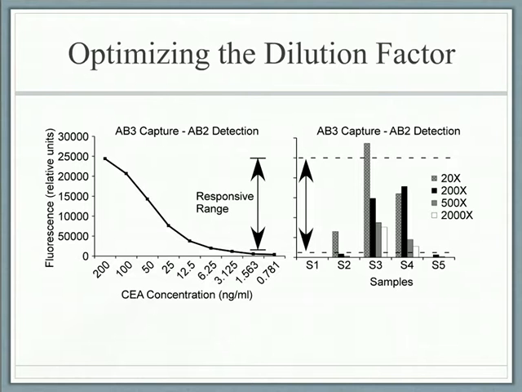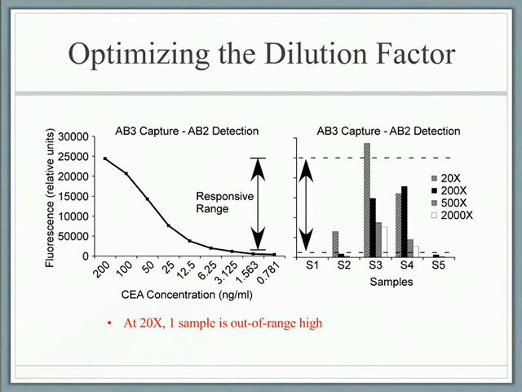So S3 is the most concentrated sample, and at just the 20x dilution, the signal is out of the linear response range. So we wouldn't be able to really get a good value at 20x dilution for that sample, although we could probably for the S2.